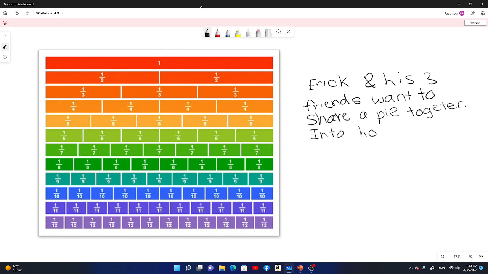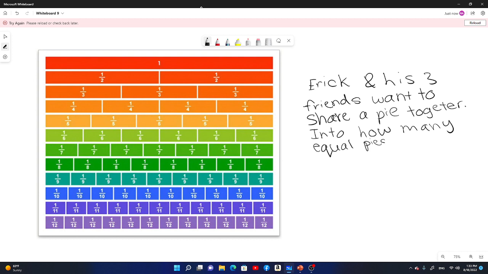Into how many equal pieces do they have to break the pie?